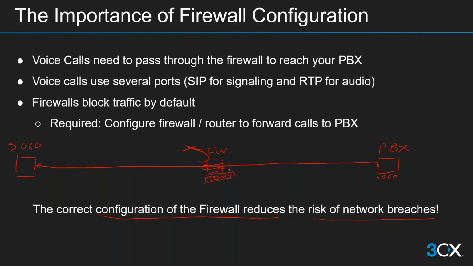Now we can say we use, for example, 15,060 as the SIP port. Then we make a port forwarding on 15,060 over here to 5060 and have this one fully open. So we create a full cone NAT where everyone can actually go through that port.